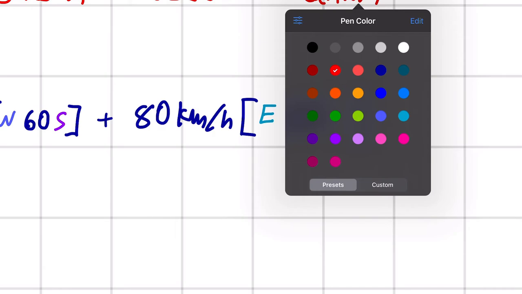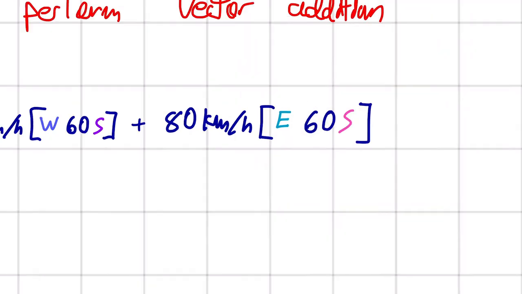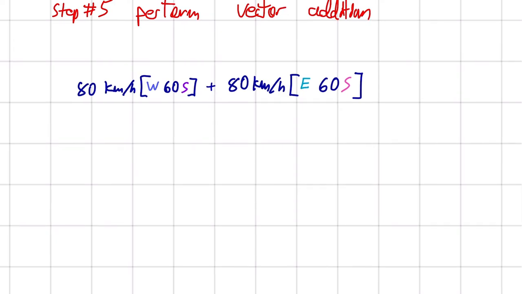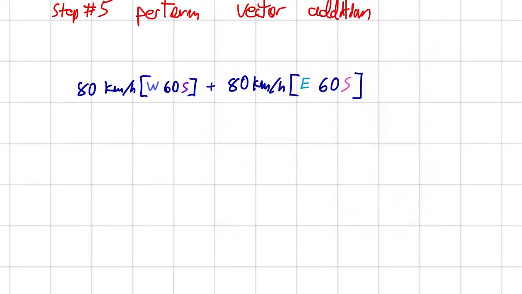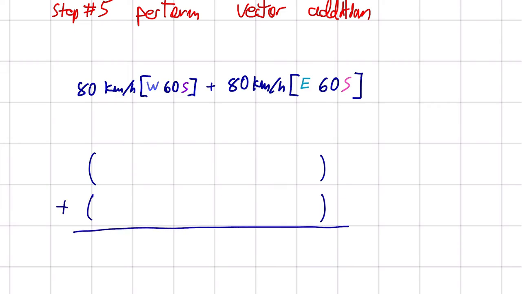Let's pick a nice pink here. All right, so hopefully you can see the differences in these colors. And we're going to add up these vectors using the method of vector addition that hopefully we are all familiar with.